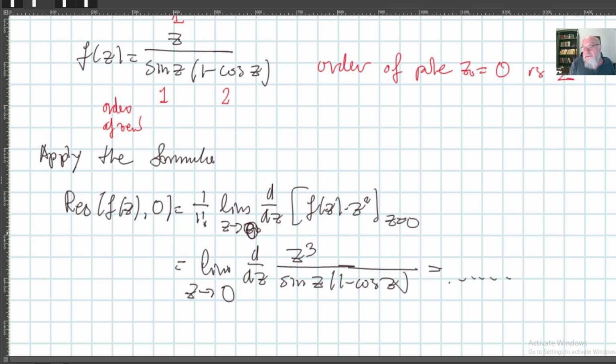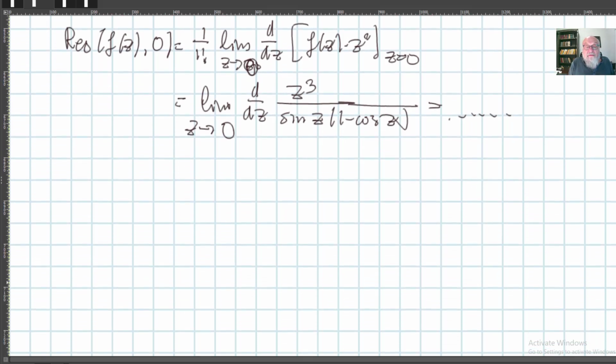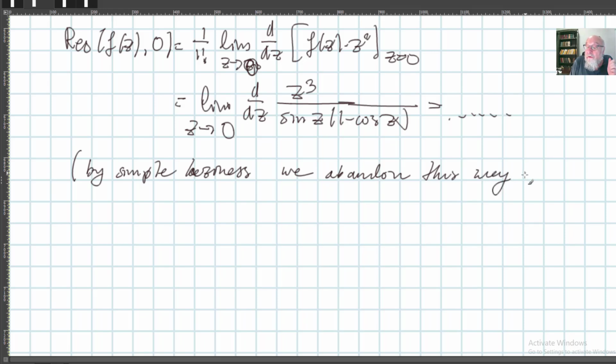The rule is, if you can think about something better, then of course it will be much more convenient to apply something that gives you the result faster than fighting with long and complicated limits. So by simple laziness, we abandon this way of computation.